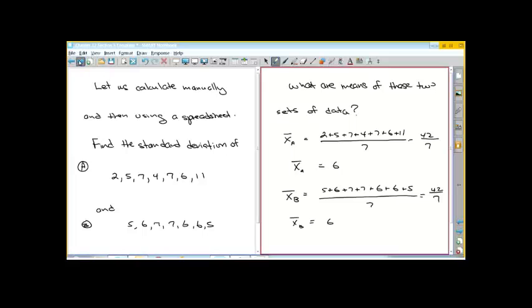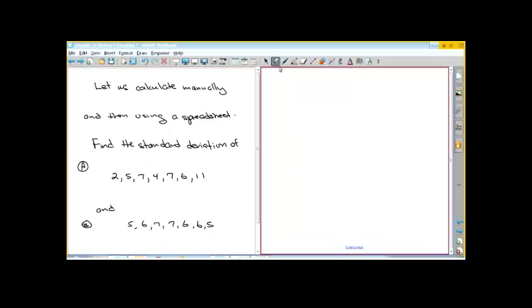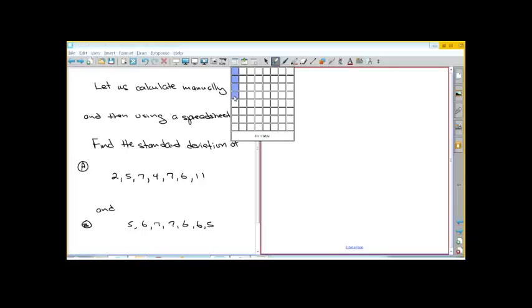So to calculate the standard deviation, it's best to make up a table. So let's do that. Let's see how many columns I'm going to need. I need a header row and 7 data points.